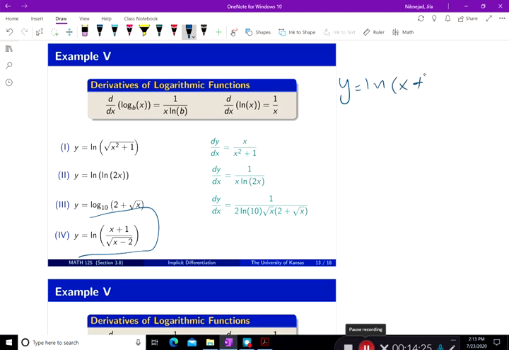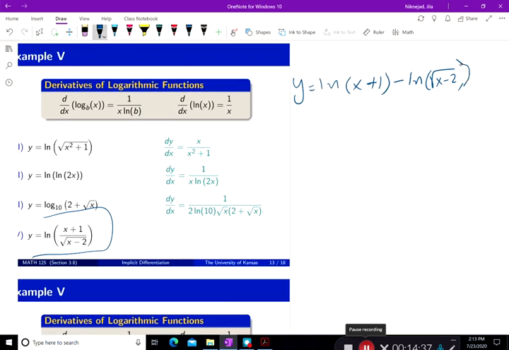The logarithm of a quotient is equal to the difference of the logs. And so natural log of x plus 1, and this is 1/2, so minus 1/2 natural log of x minus 2.